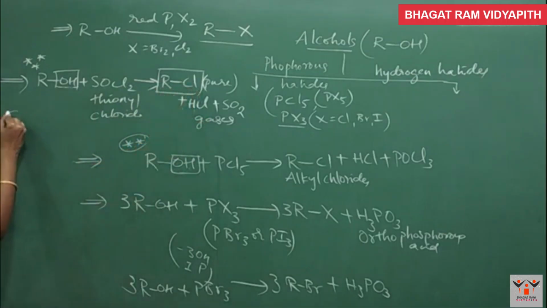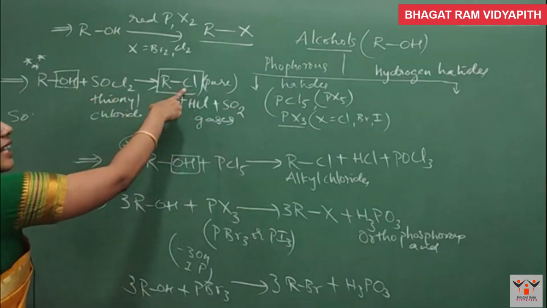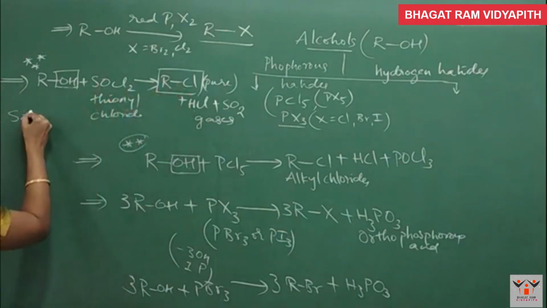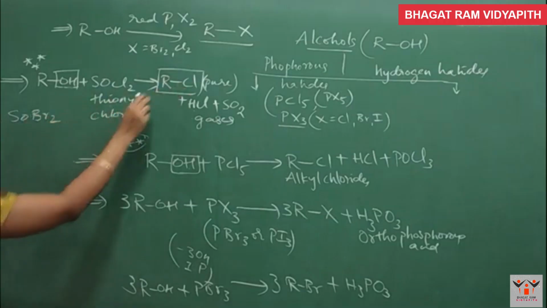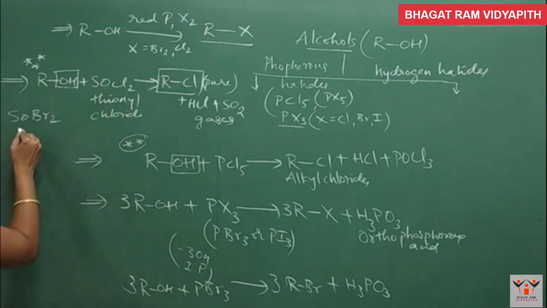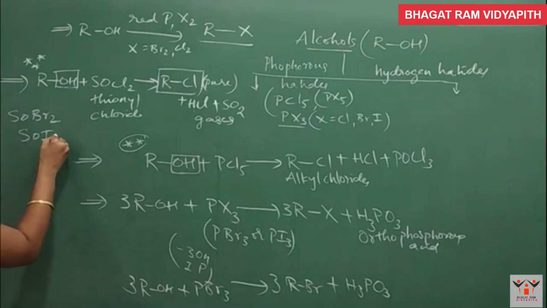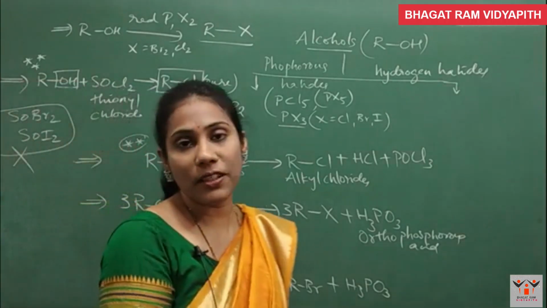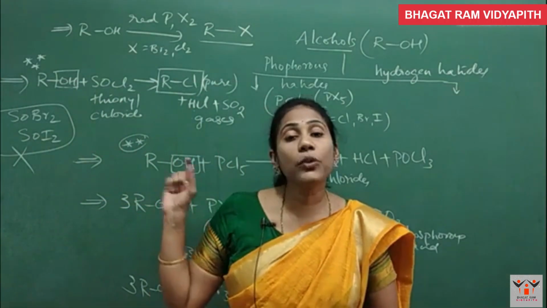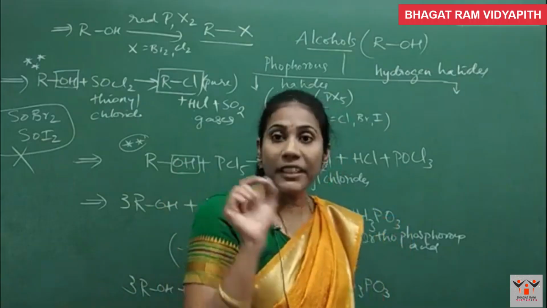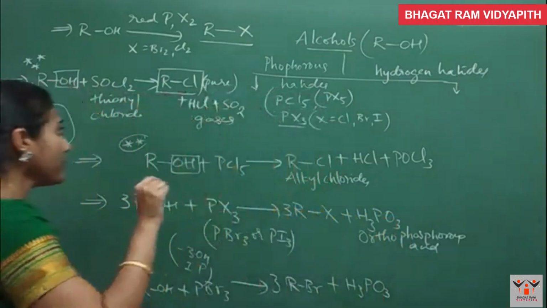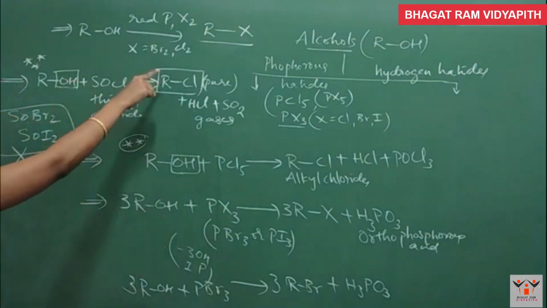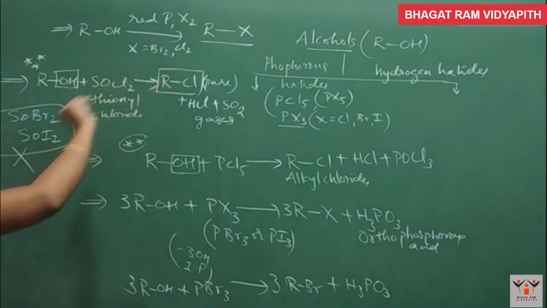Why? Because to prepare alkyl bromide you would need SOBr2, and for alkyl iodide you would need SOI2, isn't it? These are very unstable and do not exist in nature. That is why you cannot prepare iodides and bromides, whereas you can only prepare alkyl chlorides.